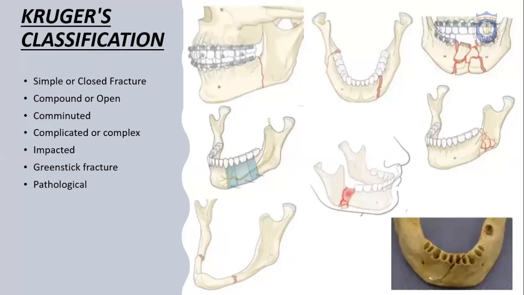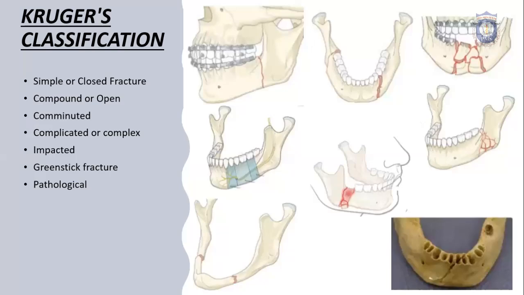Though it is not visible, there is a communication. So technically, there is a communication in all dentate areas, the tooth-bearing areas. So any fracture involving the tooth-bearing area is not a simple fracture. That is the most important point which we have to keep in mind.